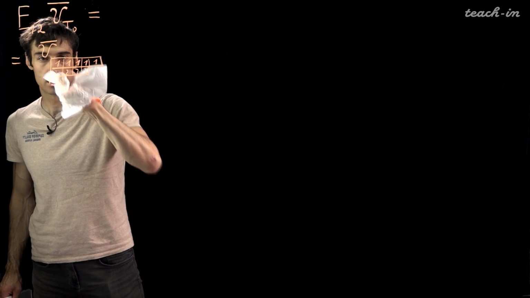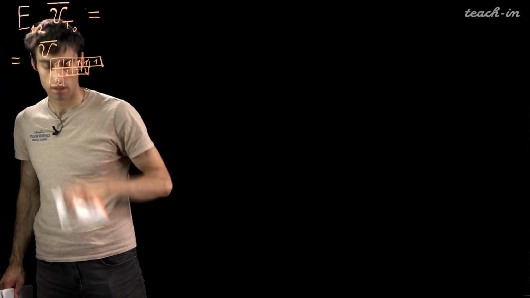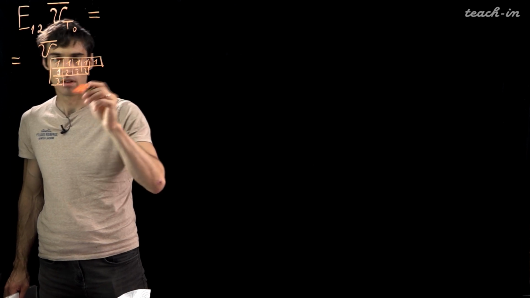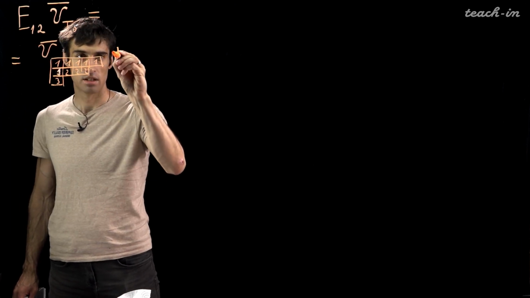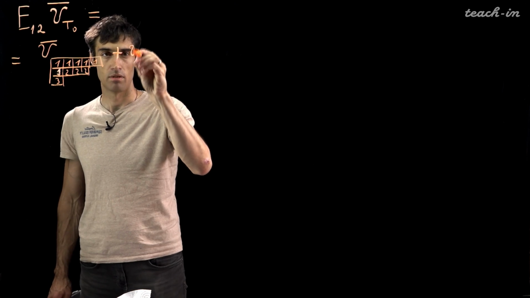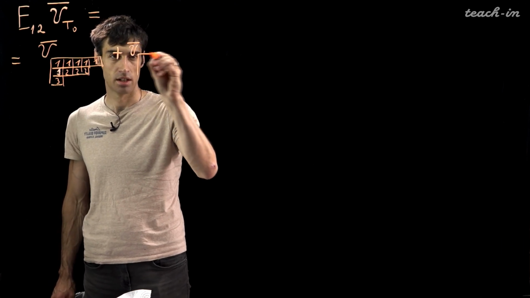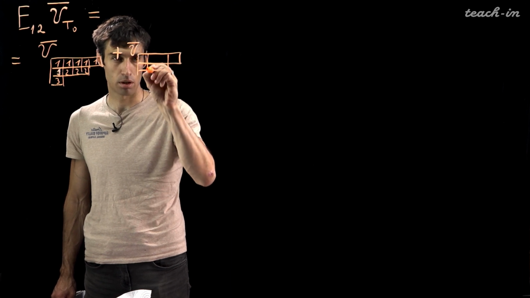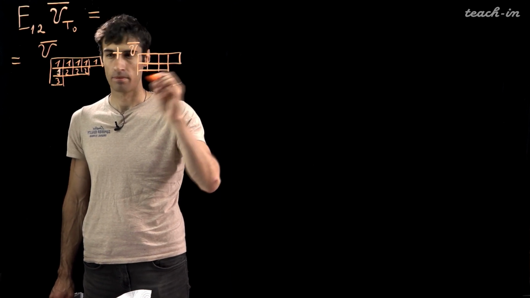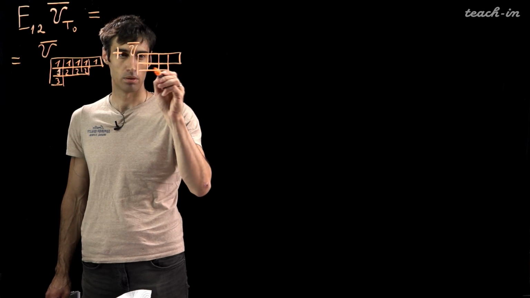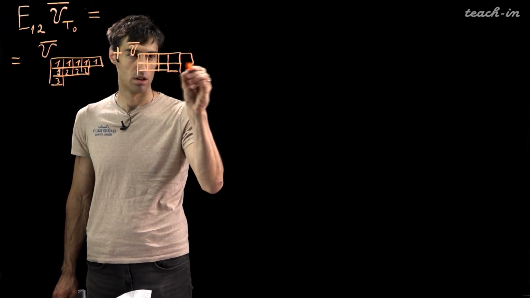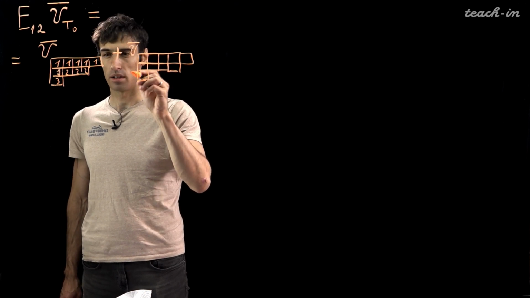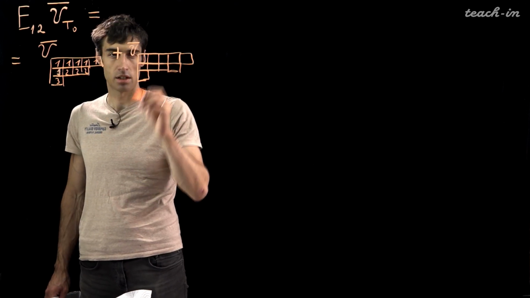So here it is 1, plus v bar, and then it seeks for another box, so 1, 2, 3, 4, 1, 2, 3, 4. Another box, so say this one.